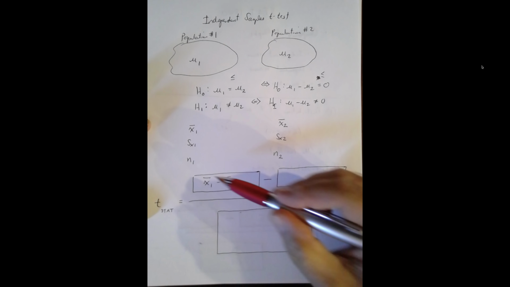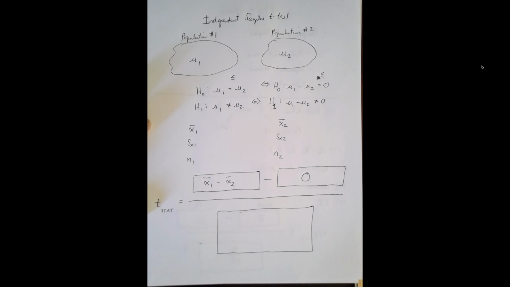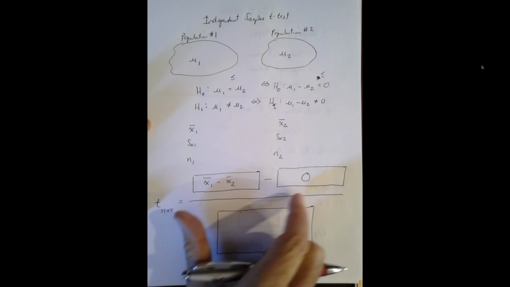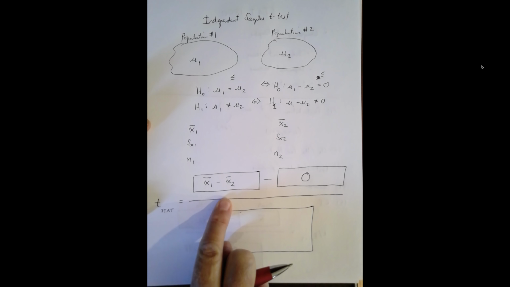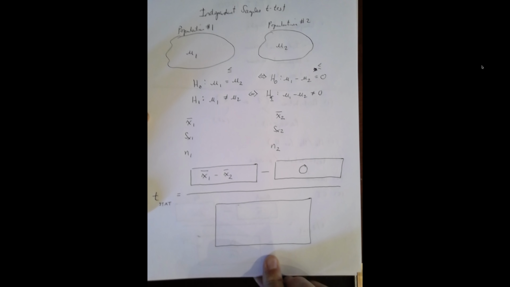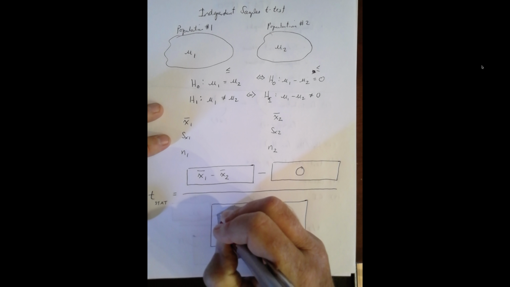Now, under the null hypothesis, this difference is assumed to be equal to 0. So that's kind of redundant because that's ultimately all just going to collapse to be just x bar 1 minus x bar 2. Now, unfortunately, the standard error turns out to be kind of goofy and kind of wacky.